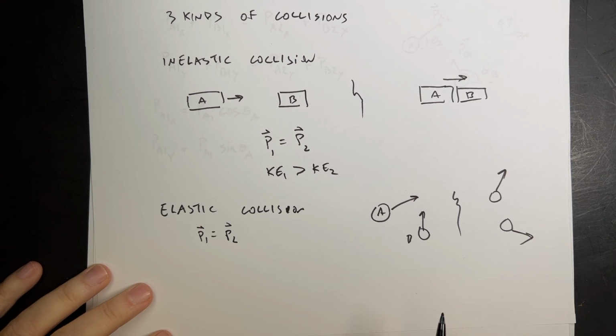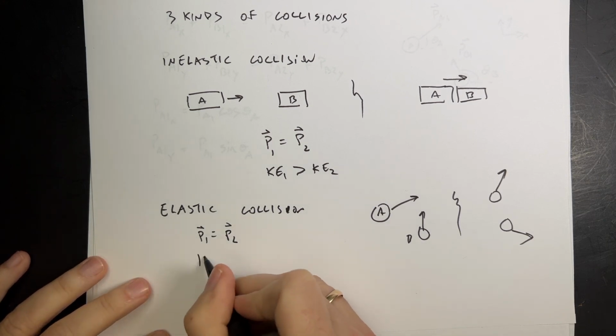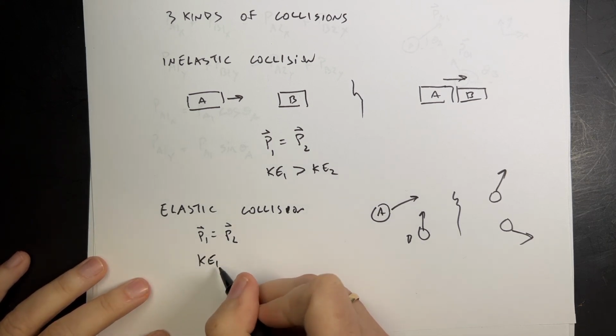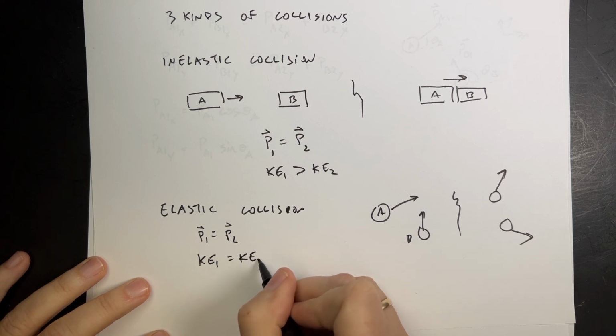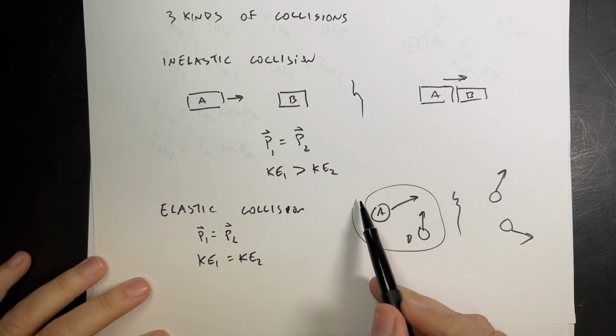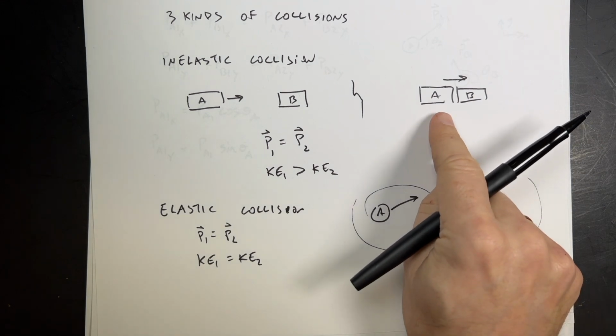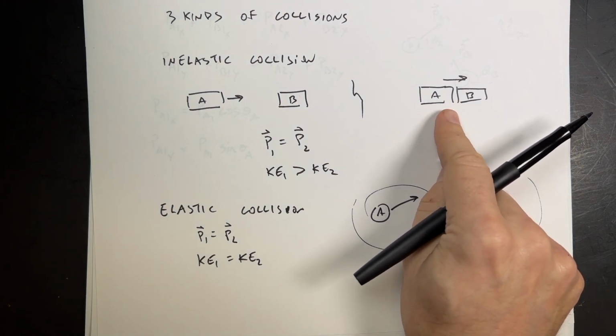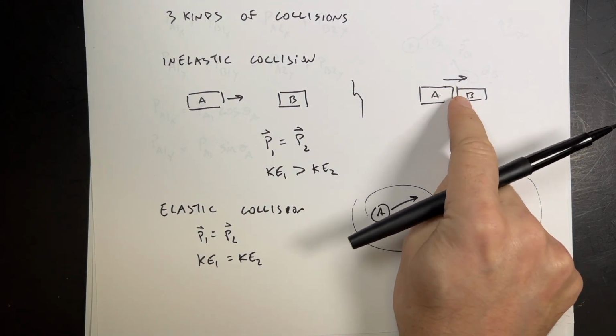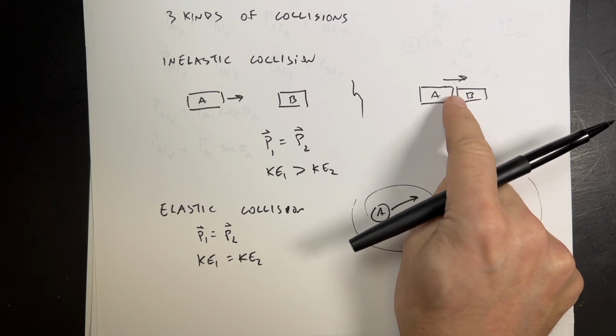An elastic collision also says KE1 equals KE2. So the total kinetic energy of the particles before is equal to the total after. Okay, there's no loss in kinetic energy. There's no loss in energy up here, but there's a loss of kinetic energy. It has to go into some other forms of thermal energy, deformation energy, or something like that.